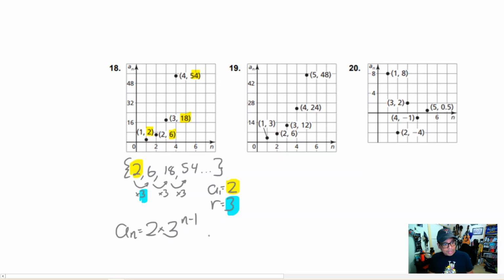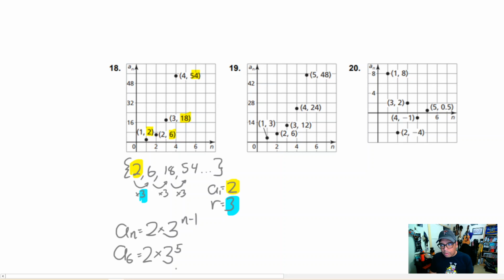So that gives me the explicit formula. Pretty easy. And then now the last thing is, what is the sixth term? That sixth term is going to be 2 times 3 to the 6 minus 1. Well, you know 6 minus 1 is 5.